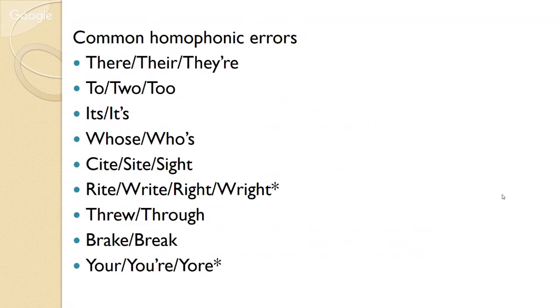So for example, you have three forms of there. The first one, THERE, means place or location. The second one, THEIR, is a possessive, something that belongs to them. And then the third one is the contraction of they are.